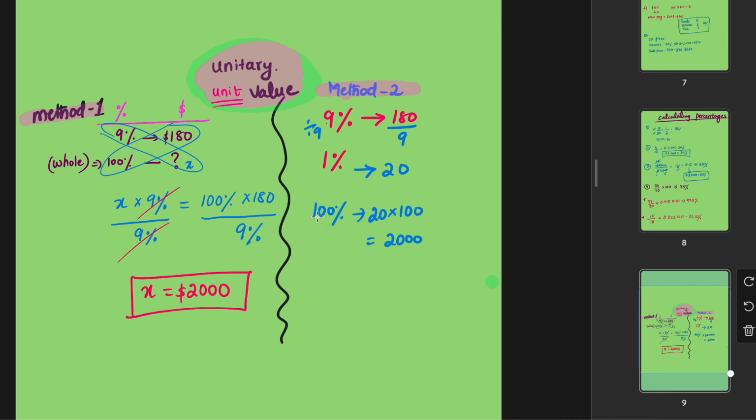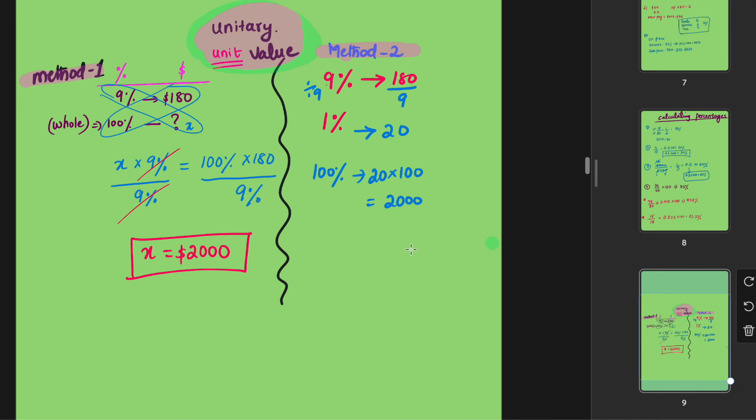Now if you want to get 100%, all you have to do is times it by 100. 1 times 100 is 100%. Whatever you times on one side, you got to do on the other. So 20 times 100 is 2,000. So there we go, two techniques. But I'm going to use method 2 in explaining my problems in the next slides.